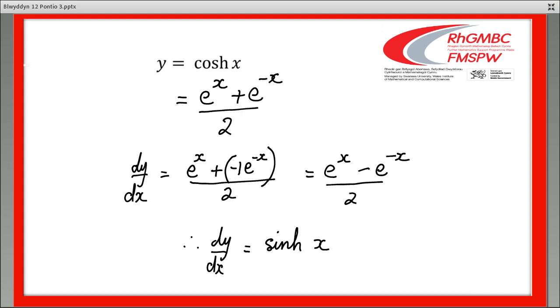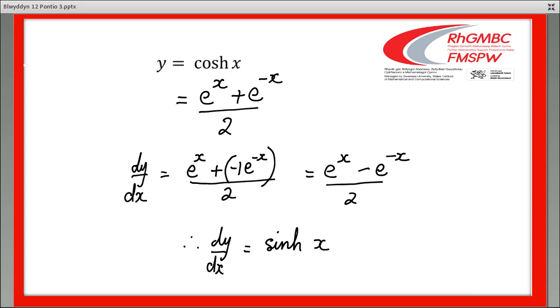That's the difference. When you did trigonometry, if you had y equals cos x, dy dx equals minus sin x. But with hyperbolic functions, when you differentiate cosh, you get sinh. You get the positive value.